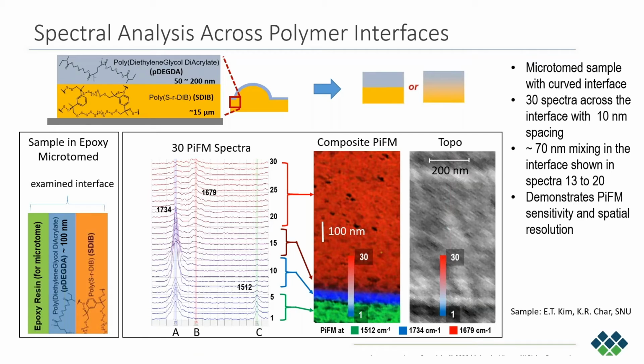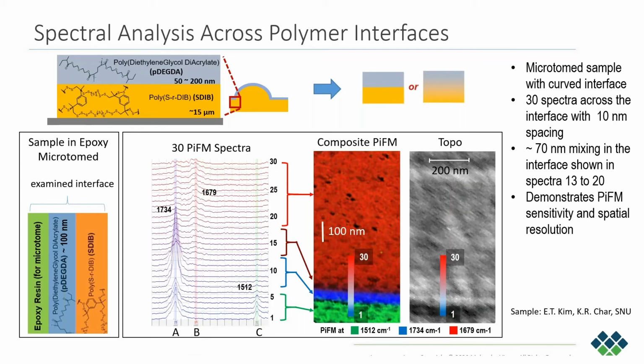You can take 30 spectra across that interface, 1 through 30, with 10 nanometer spacing for each spectrum, shown on the left. Looking at the peak at 1734, there is a very sudden jump in the peak height from 5 to number 6.